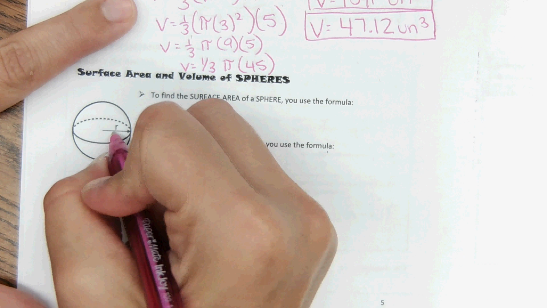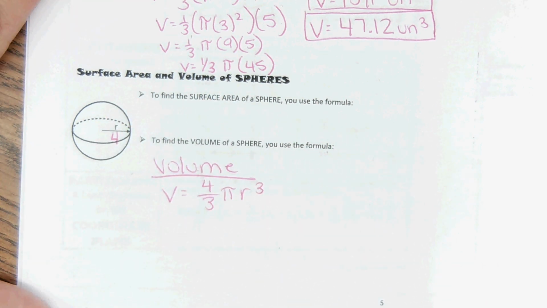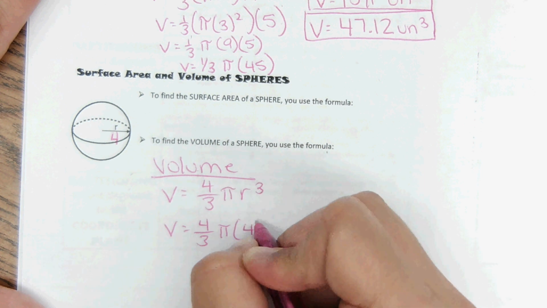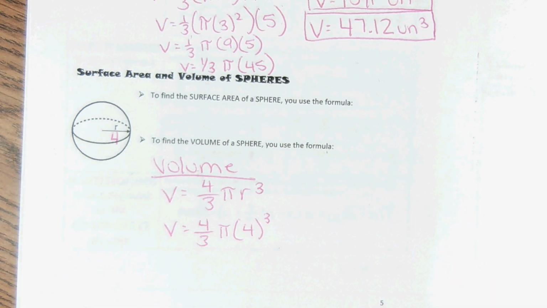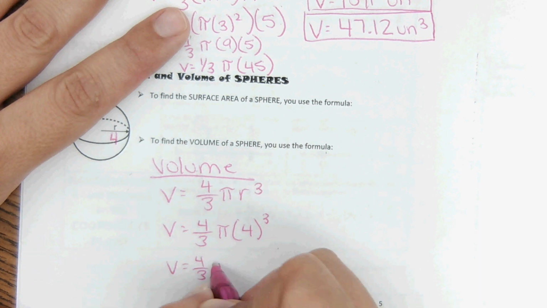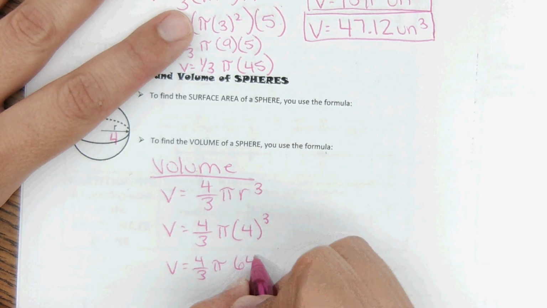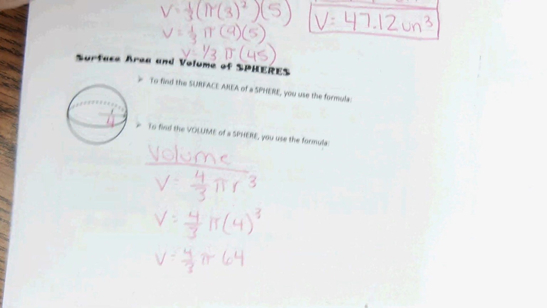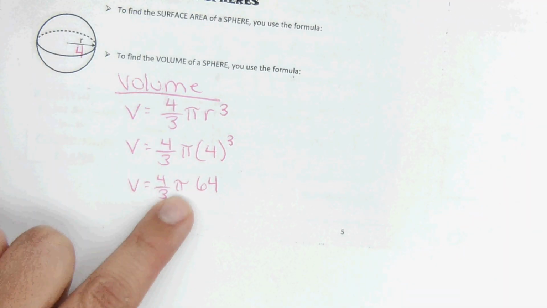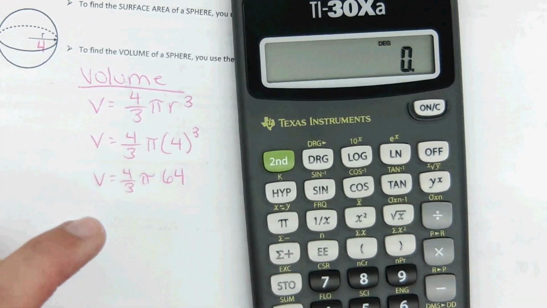And the radius we're going to use is 4. So we're going to plug this in. Volume equals 4/3 pi 4 cubed. Four cubed comes out to 64. This is where some people get stuck: how do I put 4/3 in a calculator?